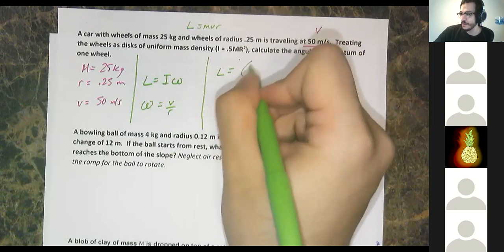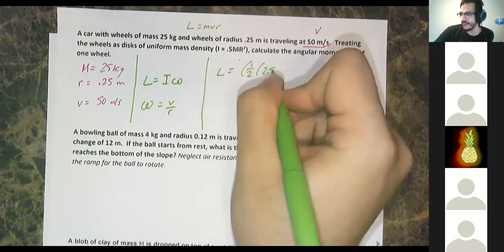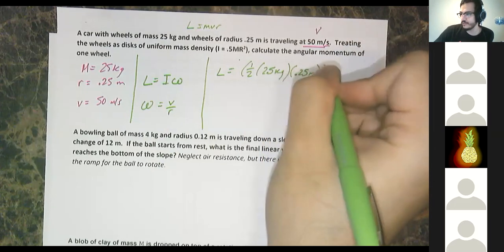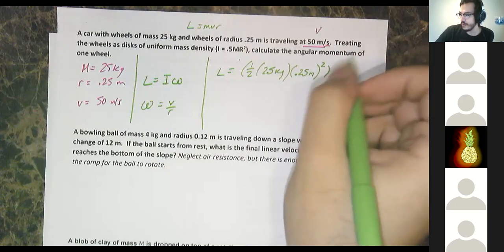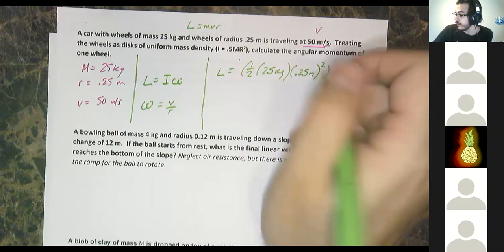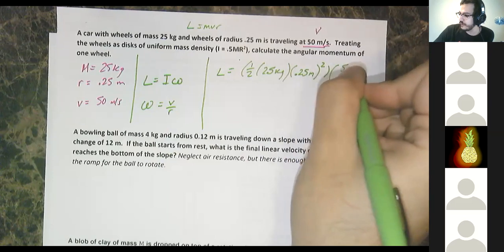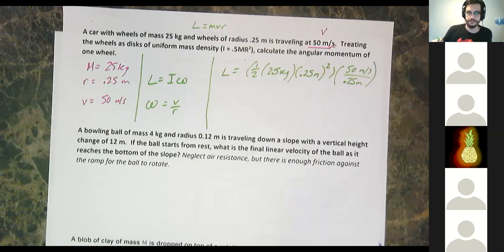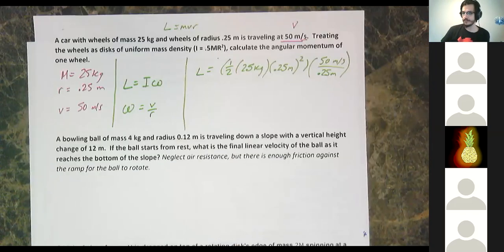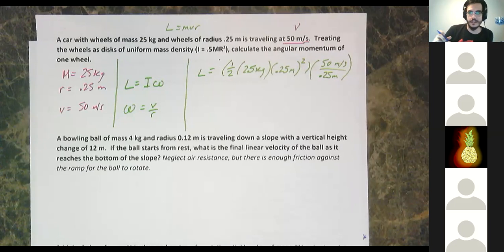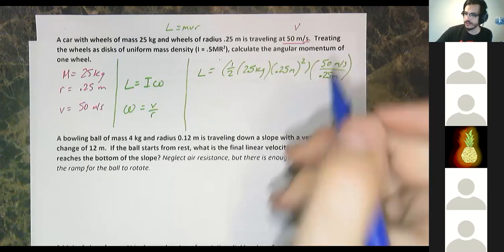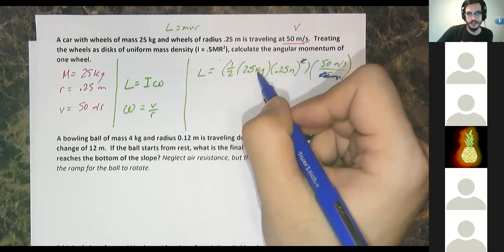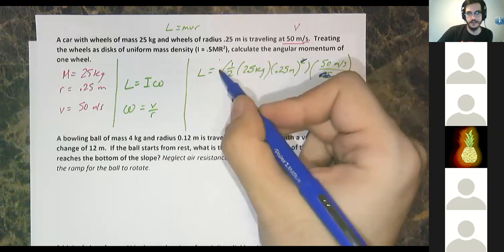So it's going to be 1/2 of 25 kilos times 0.25 meters, squared, times 50 meters per second over 0.25 meters. And this will prove to you that mvr divided by 2 would have worked. This gets rid of the r on the bottom. mvr, take half of it.